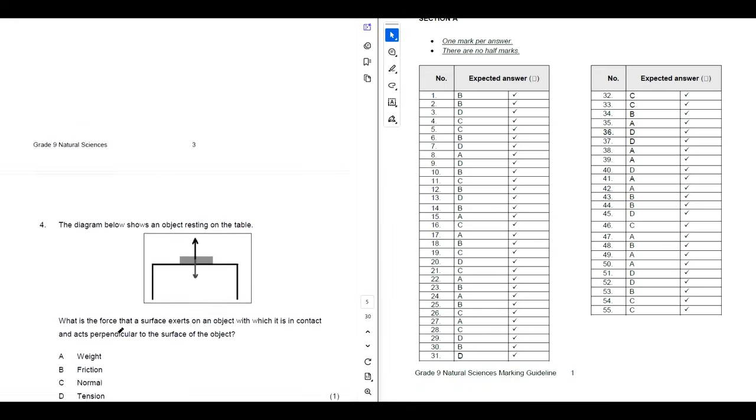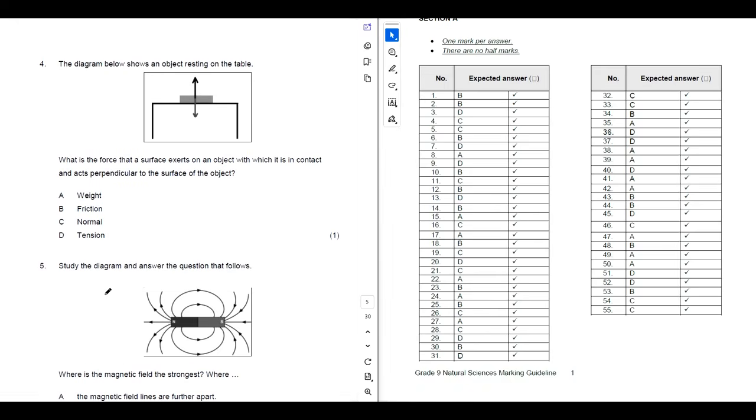Then next, we will move to question 4. Question 4 says the diagram below shows an object resting on a table. So there is a table and an object on top of the table that is resting on it. The question says: what is the force that a surface exerts on an object with which it is in contact and acts perpendicular to the surface of the object?